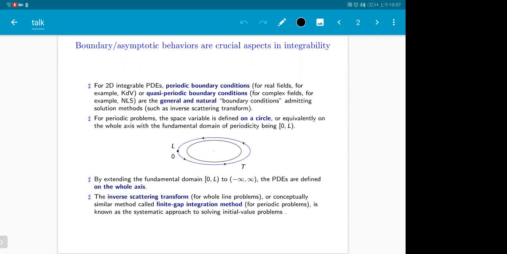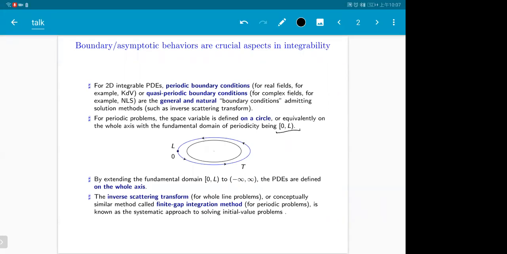If you consider the periodic problem, the space variable is defined on a circle. We can extend this circle to the whole axis by defining a fundamental domain to be from 0 to L, for instance.